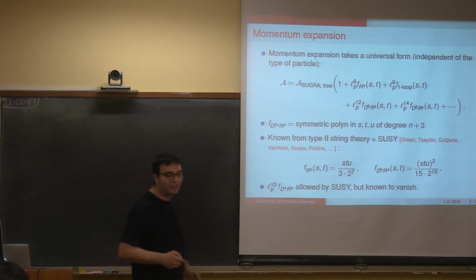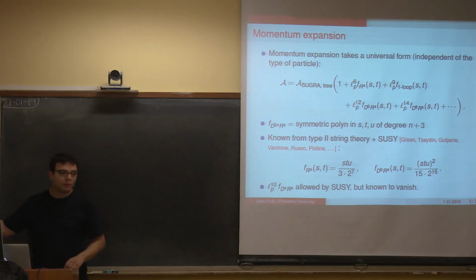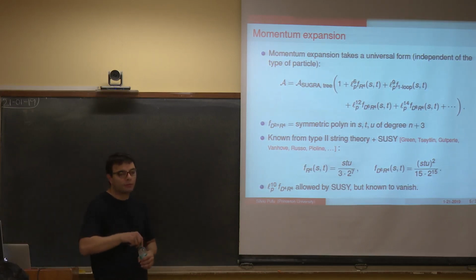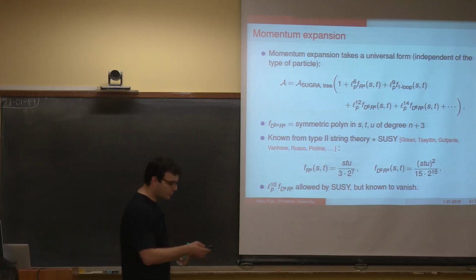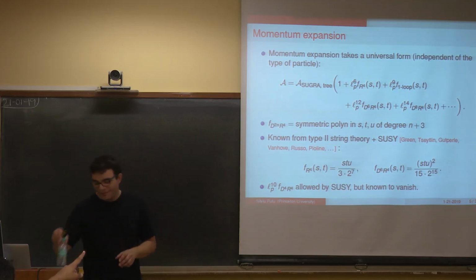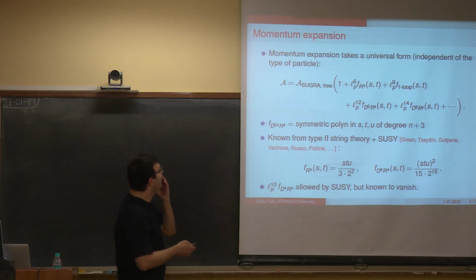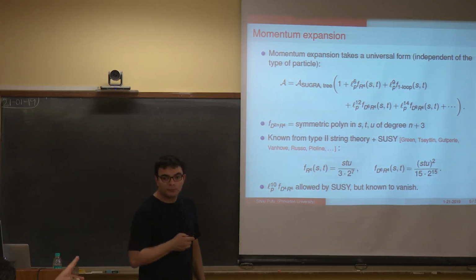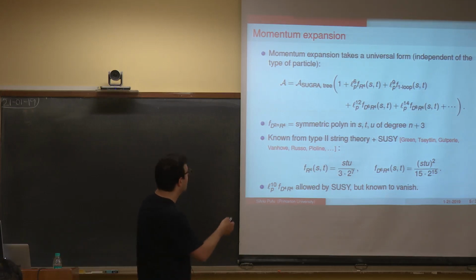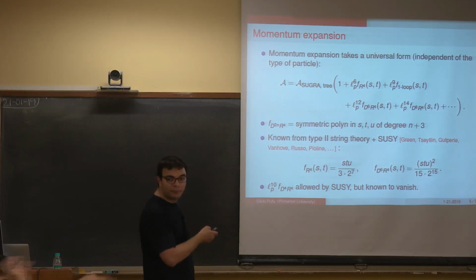Really sorry, you can't do field redefinitions obviously to go from one structure to another, right? And when you write the amplitude there, you're looking at external scalars. But if you have indices, how are the polarization vectors being taken care of? The polarization vectors will appear here, and they will also appear here. The supersymmetry gives you a particular structure.